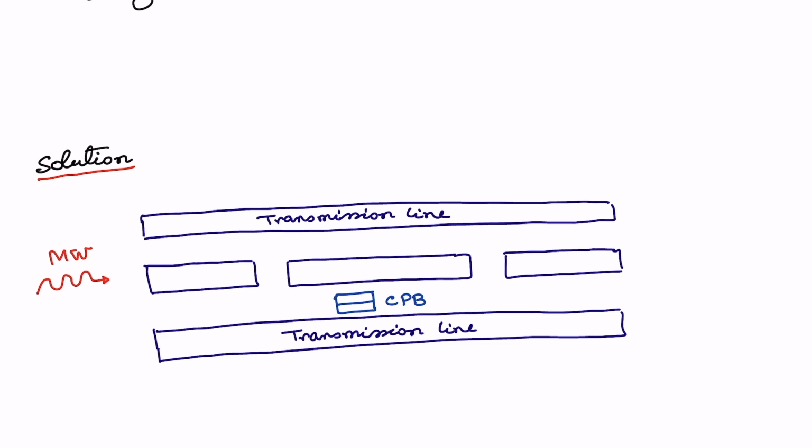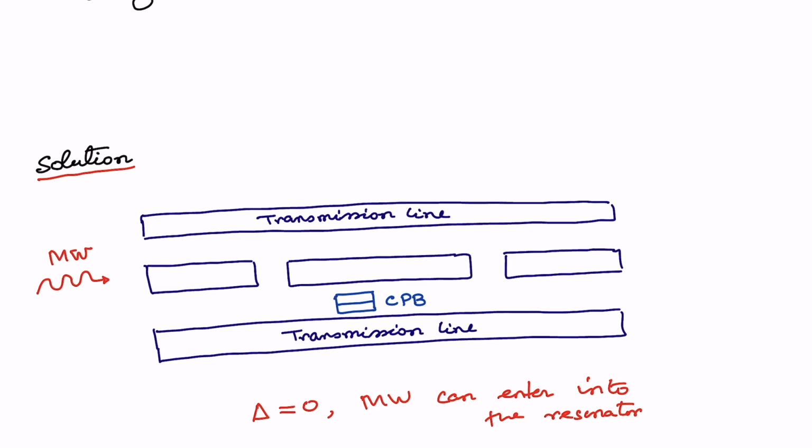This microwave can enter into the cavity resonator if it satisfies the cavity resonance condition, that means when delta is equal to 0. This we know from our lecture number 25, where we discussed this kind of setup and the Jaynes-Cummings model.